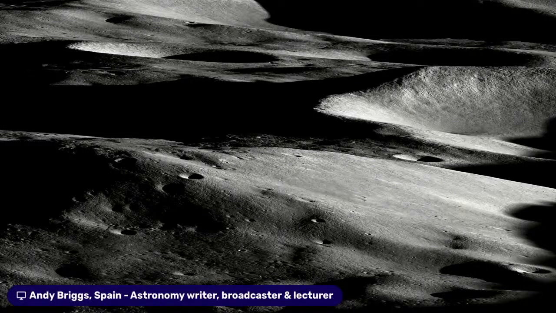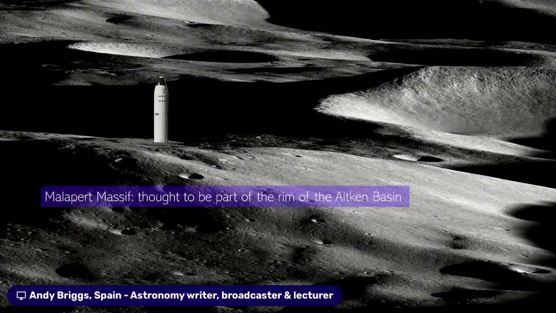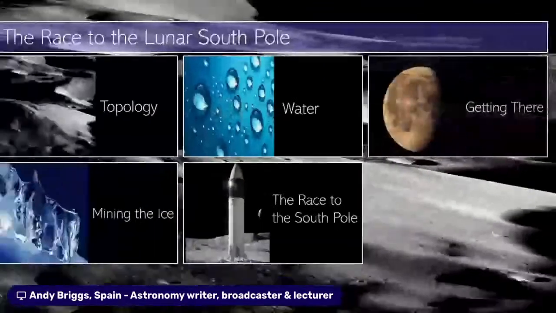So hopefully astronauts will descend on SpaceX's lunar Starship towards the moon's south pole and land on this sort of mountainous region here, which is called Malapert Massif. It's thought to be actually part of the rim of the Aitken Basin, that massive impact crater basin that is mainly on the far side of the moon. But the Malapert Massif is thought to be part of it. And hopefully in 2025, this is where NASA will land.